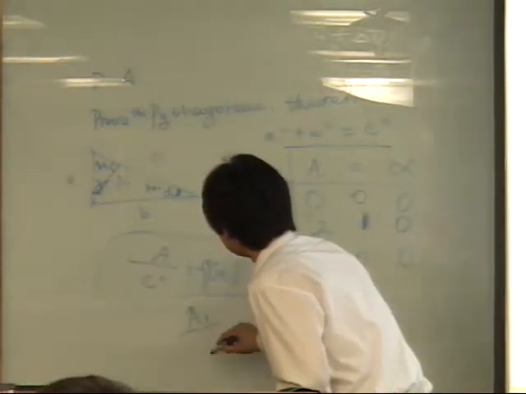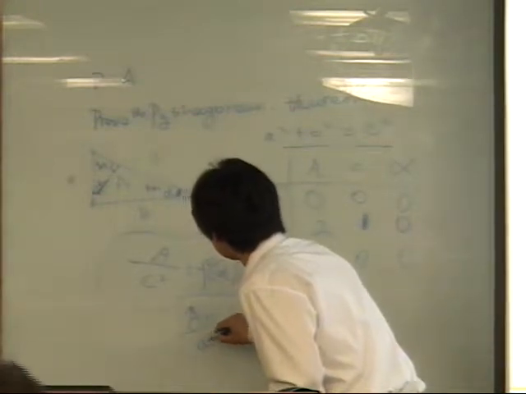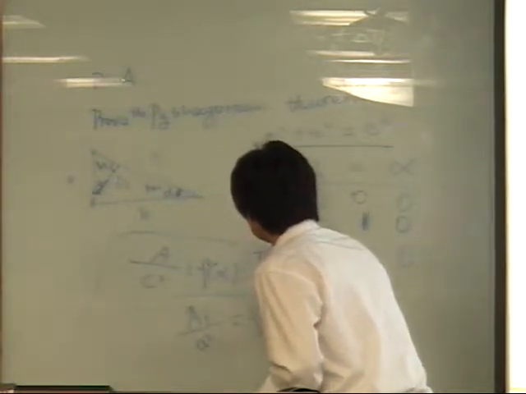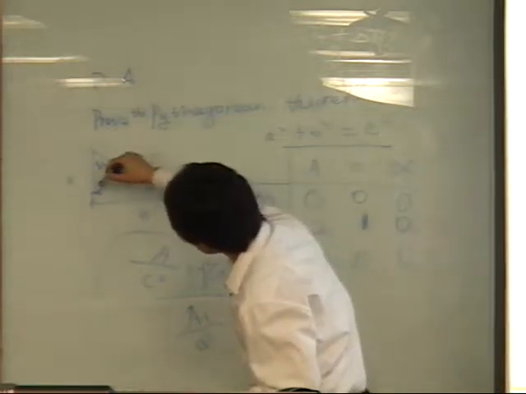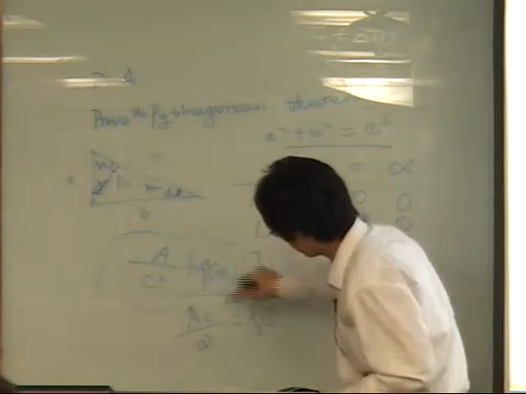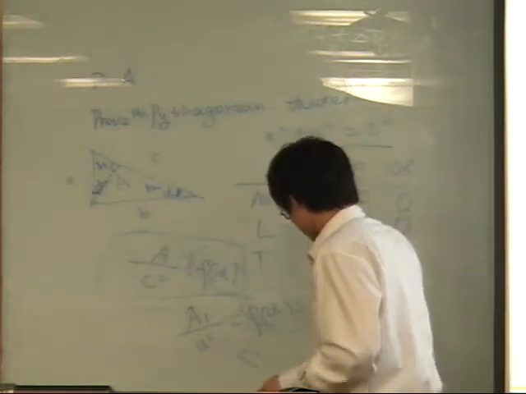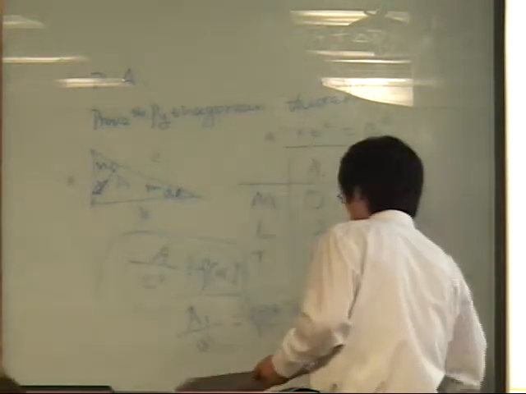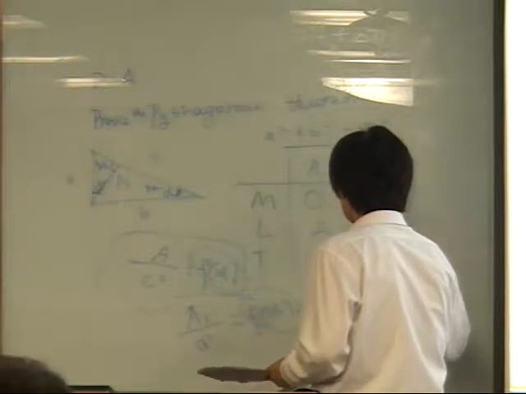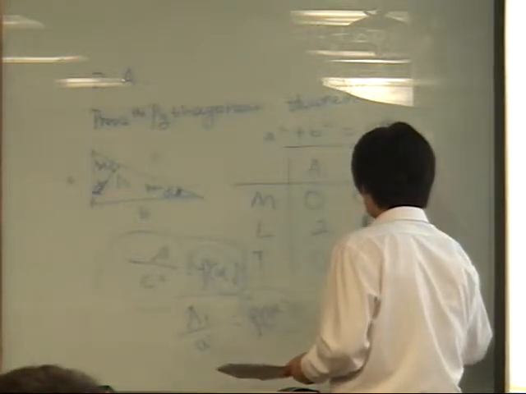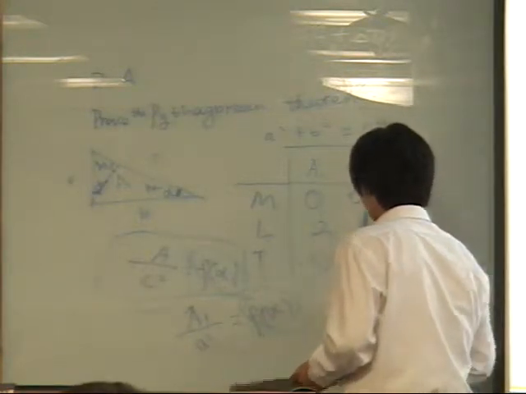We have A1 over A squared, same function because this is alpha, and we have A2 over B squared.